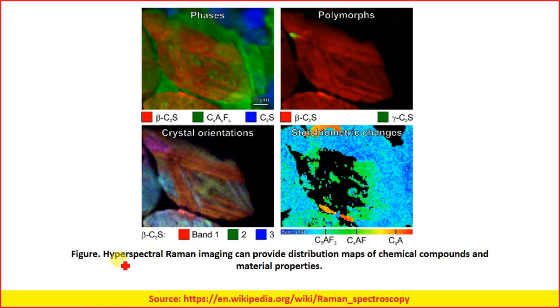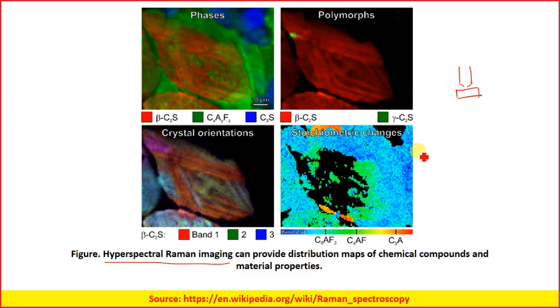Now we go to hyperspectral Raman imaging. Nowadays we have Raman microscopes. So you have a microscope arrangement, and then you have the samples over here. I was telling you about the raster scanning.